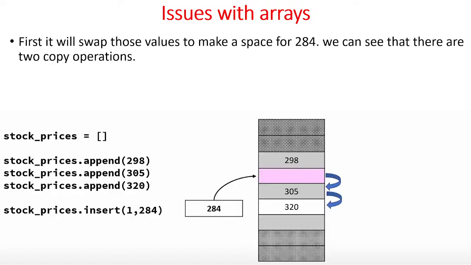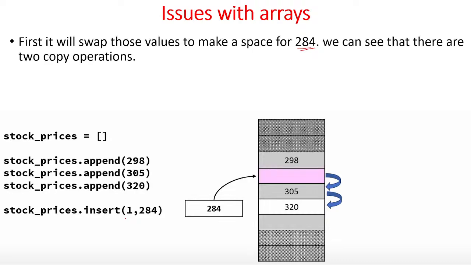See, first it swaps values to make a space for 284. You can see here, 320 coming to the next location, 305 coming to the next location, then the space is created for 284. So that means two copy operations it is performing.